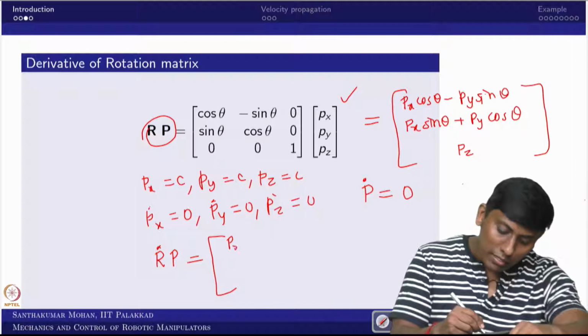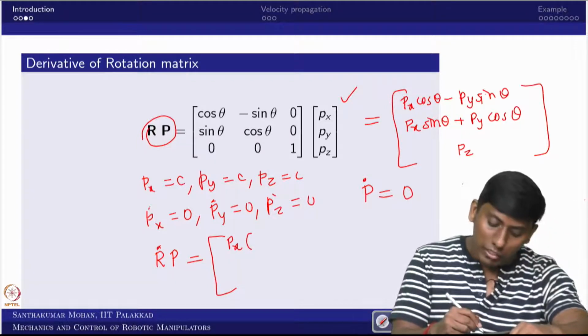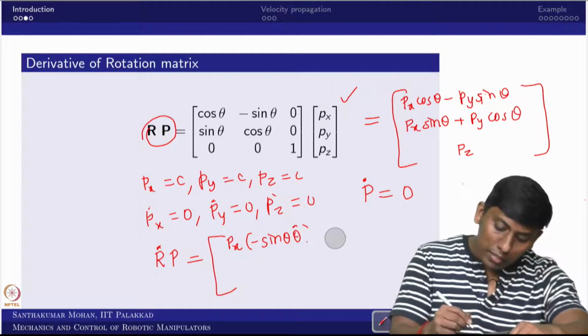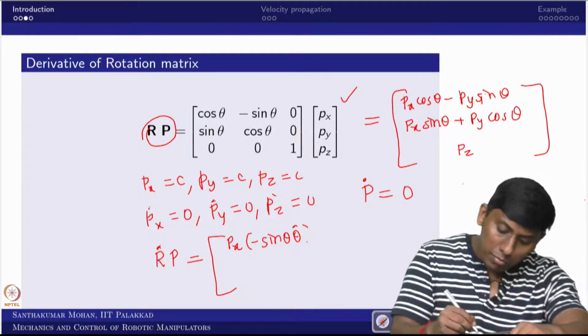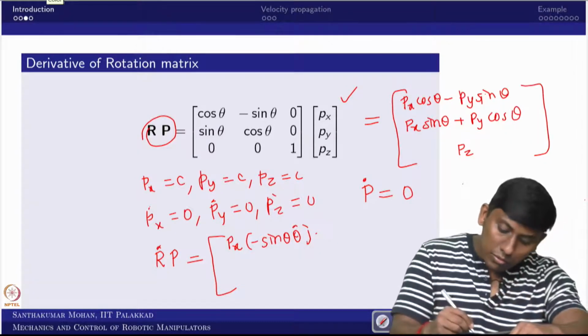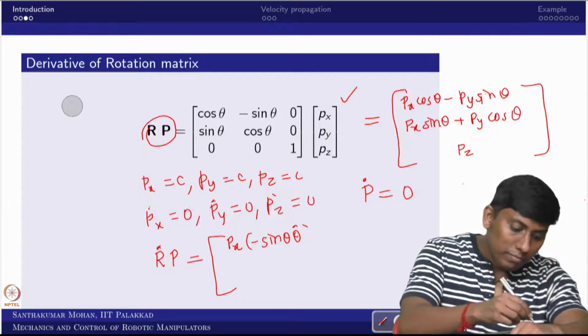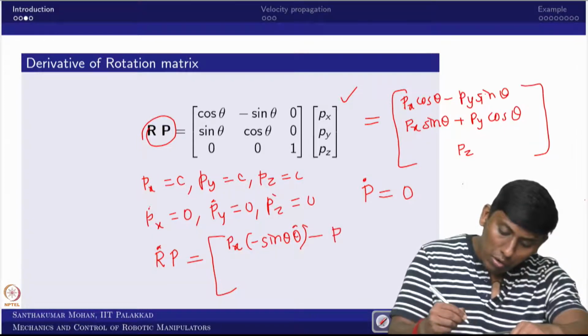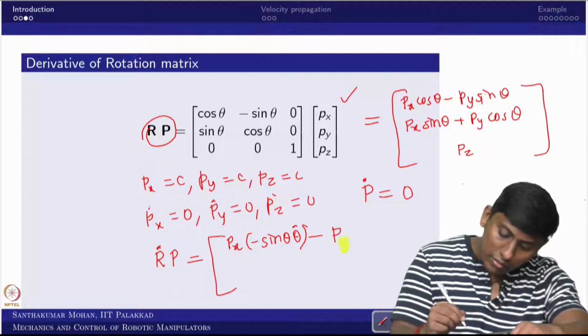The cos theta is a function, so minus sin theta theta dot, and then minus Py cos theta theta dot.